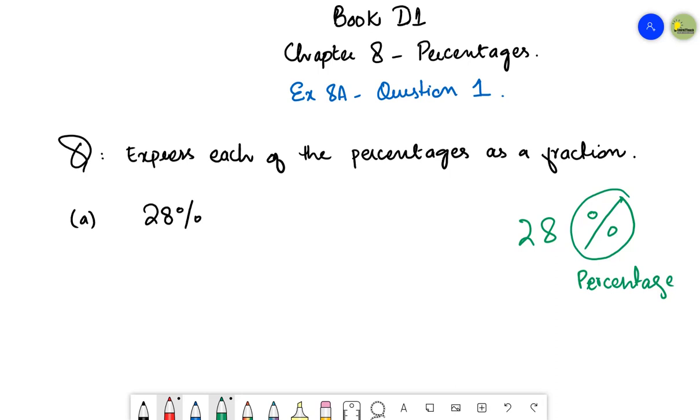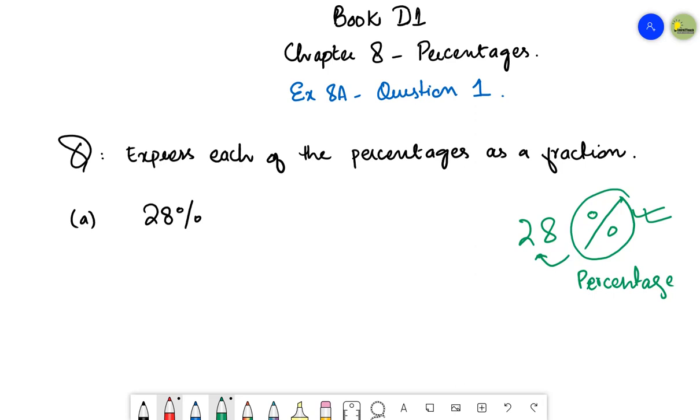So whenever this symbol is present with any number, it means the number is a percentage of some data. Keep in mind that whenever you have a percentage in maths, this symbol is going to be used with it. Okay, this is the first thing.